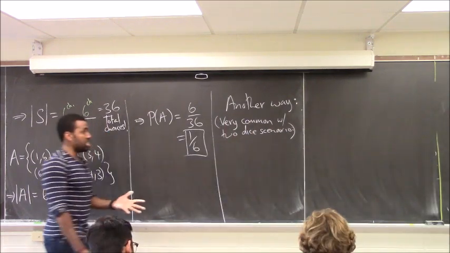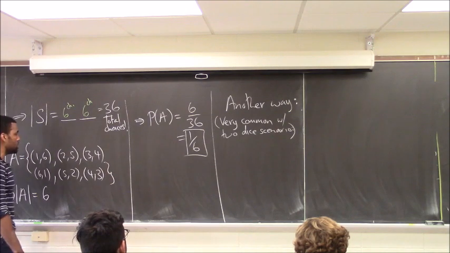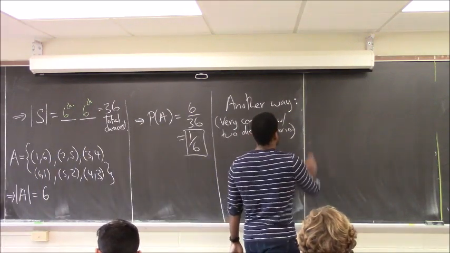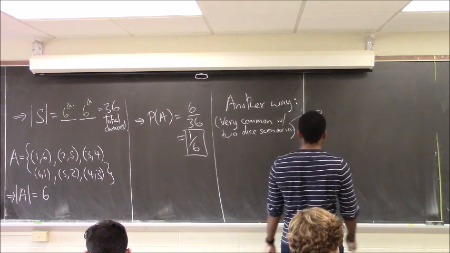But once you set this up this way, it's going to be easier for you to figure out all the other situations. So the other way is to actually do the table.